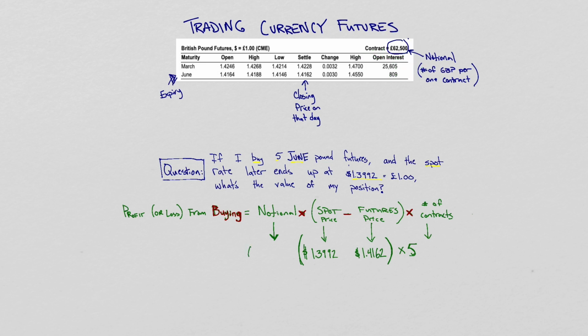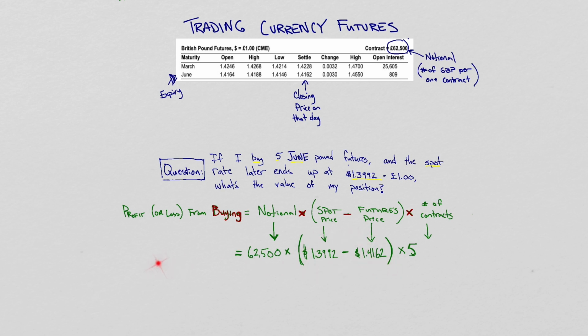So we just put that in and then multiply all these items together, and that's going to be our profit or loss from buying. And this is subtracted. In this case, just looking at it here, you can tell this isn't going to turn out well for us, because this minus a larger number is going to be negative.